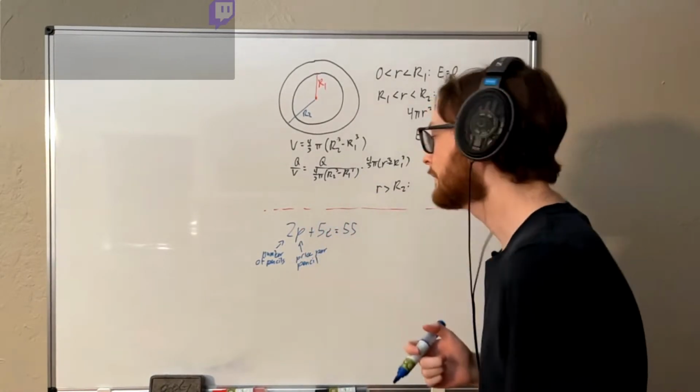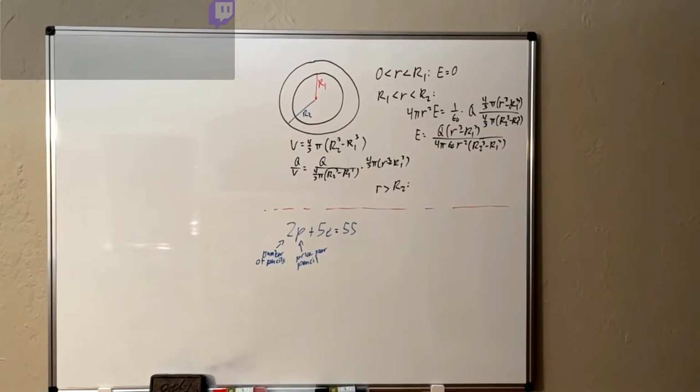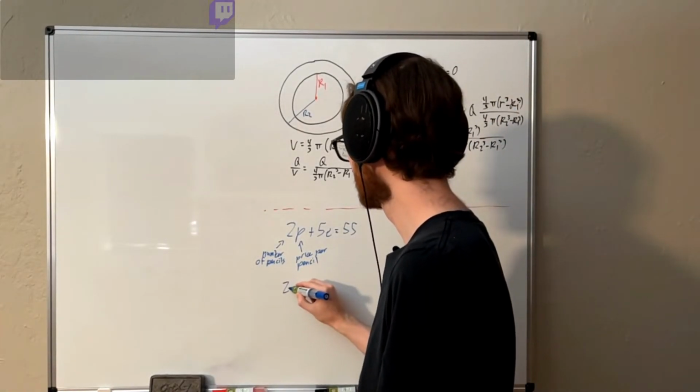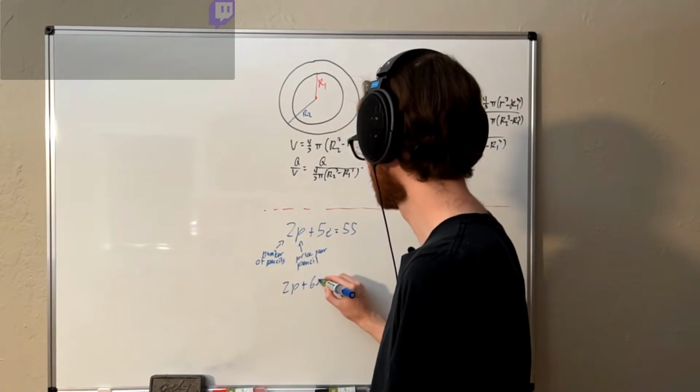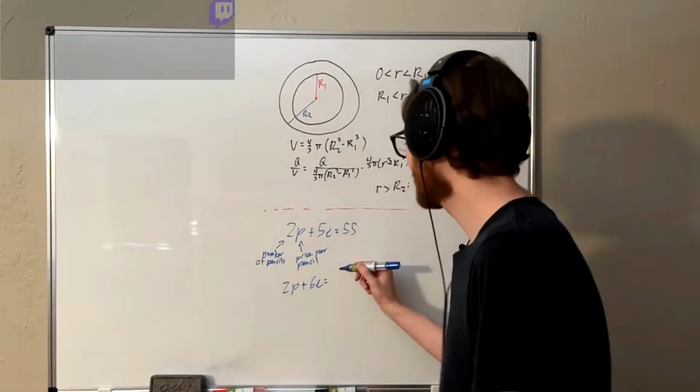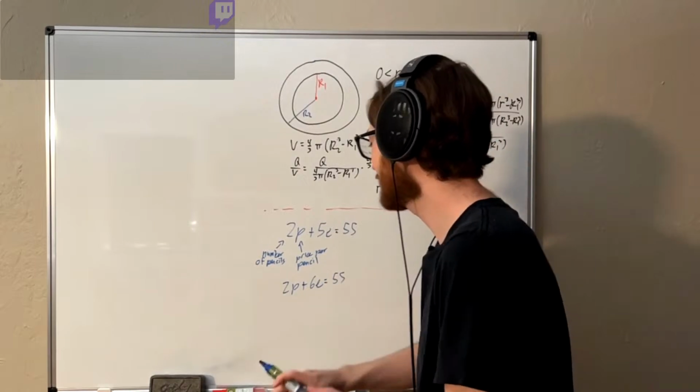We have a second piece of information, which is 2 pencils and 6 erasers. Did I get that right? Cost, oh, no. This one is 55. The last one is 50.